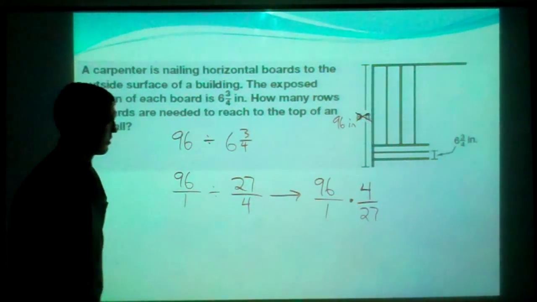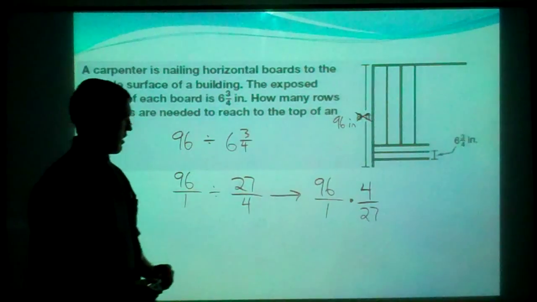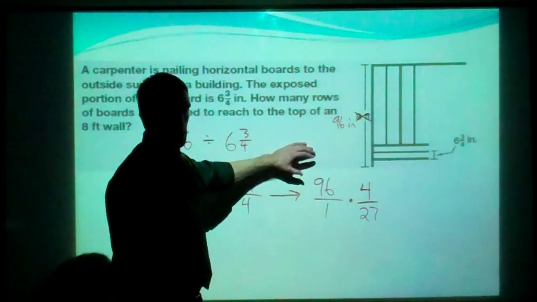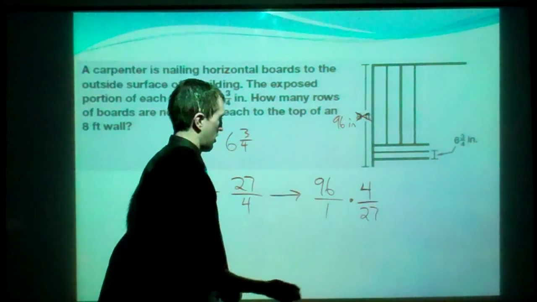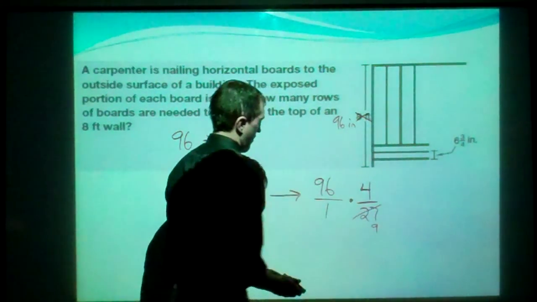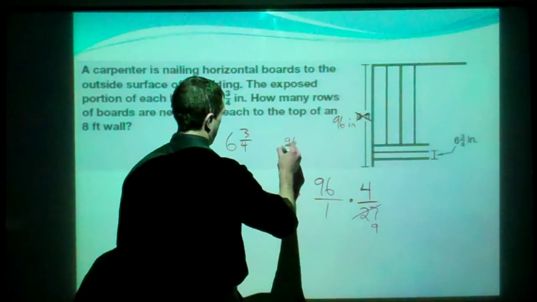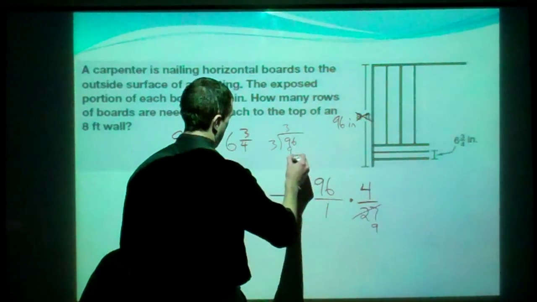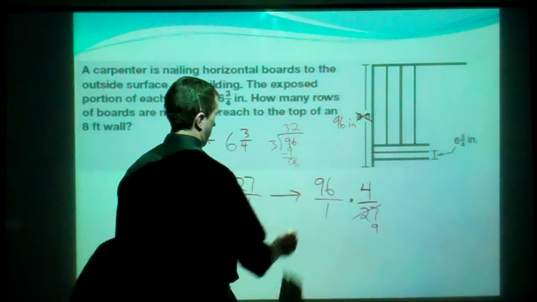Alright. So we're going to want to figure out what goes into, well, it looks like 27 and 96 share a common factor. I think it's 3 that they share. If I divide 27 by 3, I get 9. If I divide 96 by 3, not sure off the top of my head here. 32.